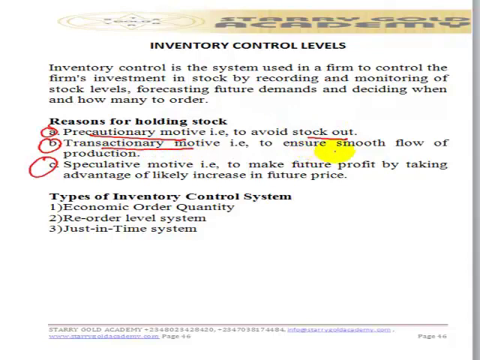Transactionary motive, to ensure there is a smooth flow of production, that materials needed are available as at and when due. So this is for day-to-day activities of production. Speculative motive, to make future profit by taking advantage of likely increase in future price.